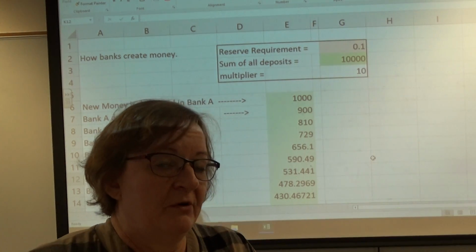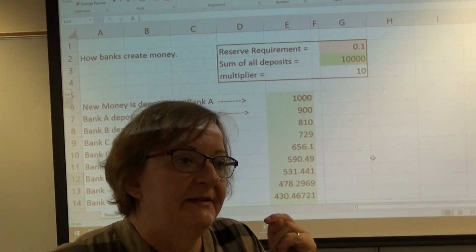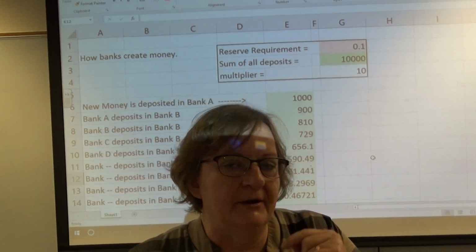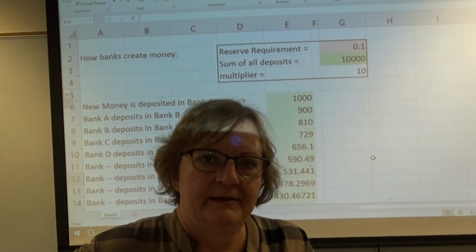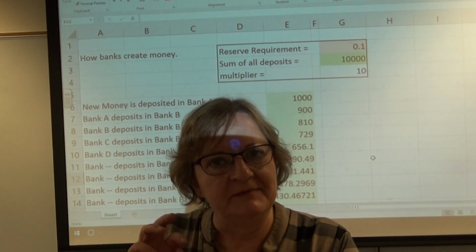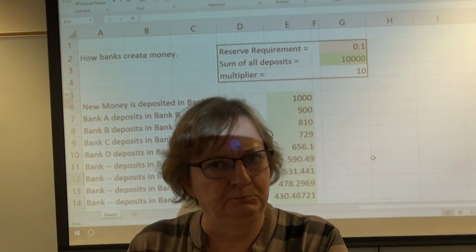I will teach you more about this, but basically, one of the roles of the Fed is that they are the banker's bank. The banks keep their extra money at the Fed, and the Fed has an account for them and types in how much the bank is owed by the Fed.